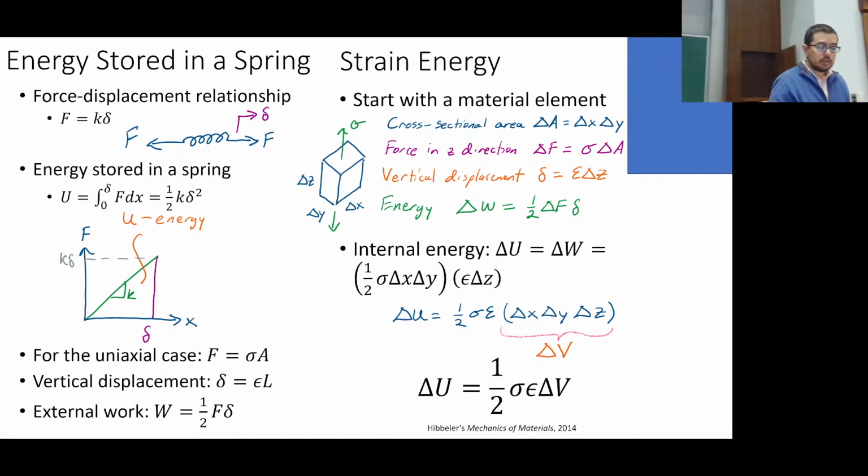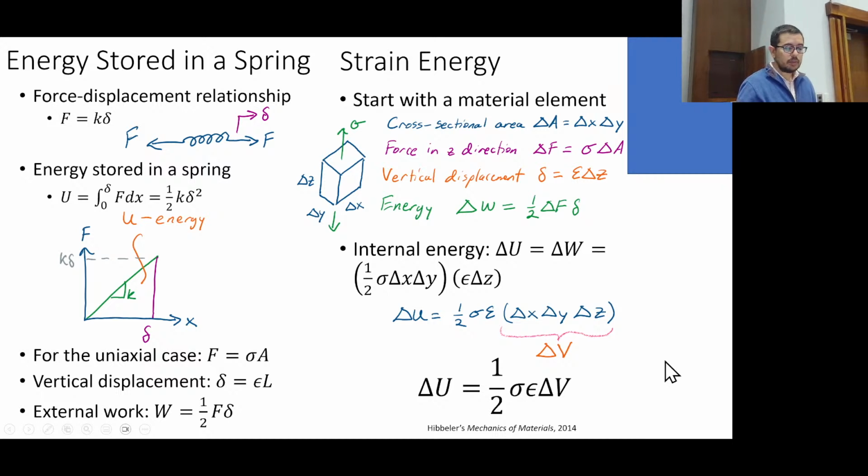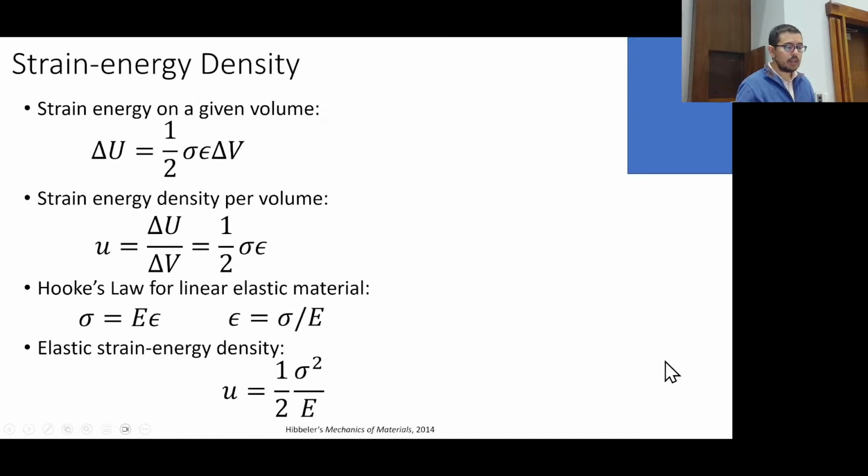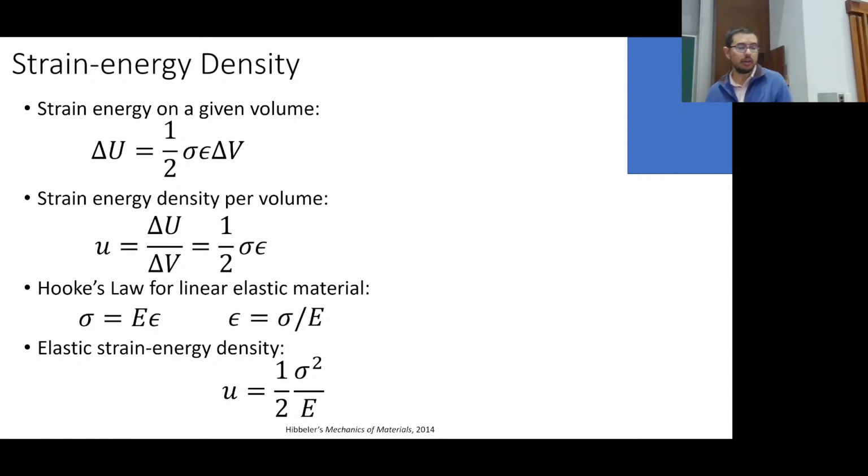or Newton meters. But as you can imagine, we can then take out the volume. And if we divide by the volume, we get something called strain energy density per volume.